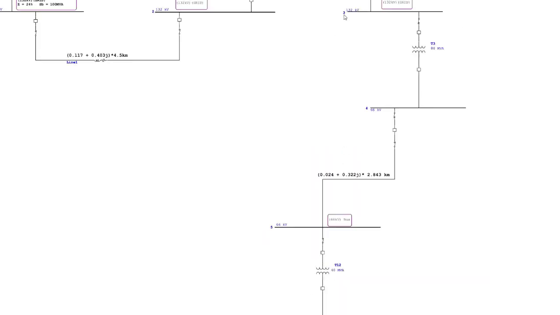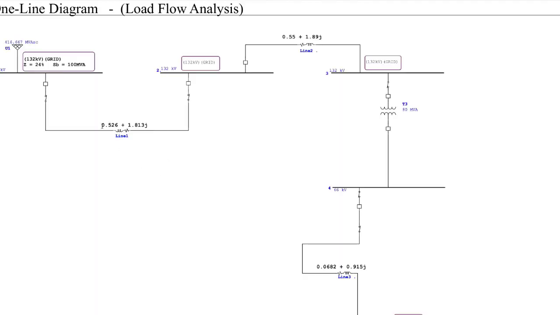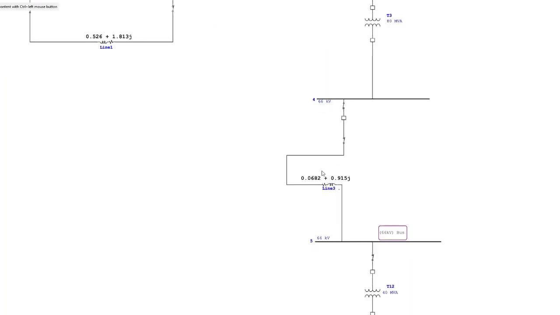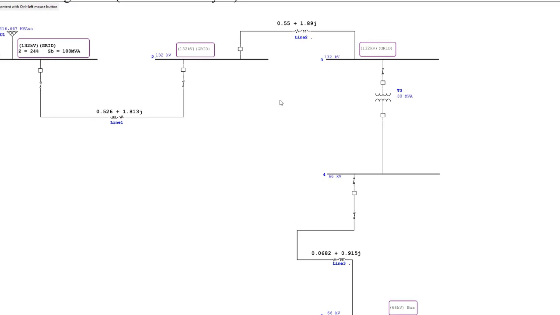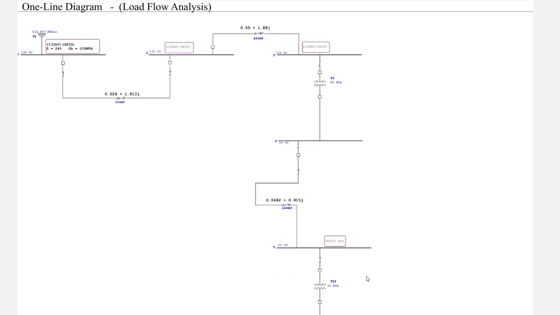Now when we multiply it, we get this impedance here. This is now the final impedance value for this transmission line, and this one as well, because we've now multiplied it by the number of kilometers.